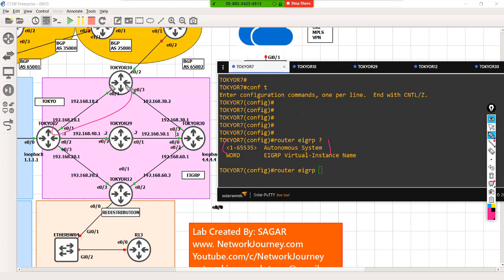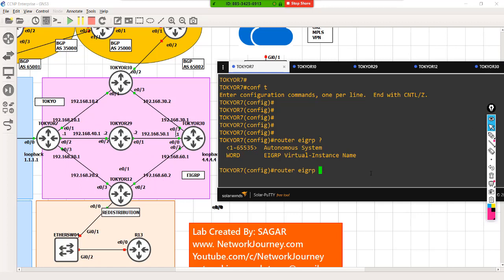You have an autonomous system of 100 over here, but you keep autonomous system 200 on the other routers. This will not form neighborship. So those are the three criteria. First, if the interface was down. Second, if there was an access list over the path. And third, if the autonomous system is not matching. So these three are some basic troubleshooting in case of EIGRP neighborship not coming up.